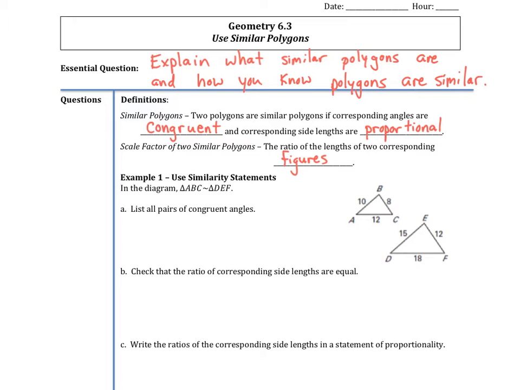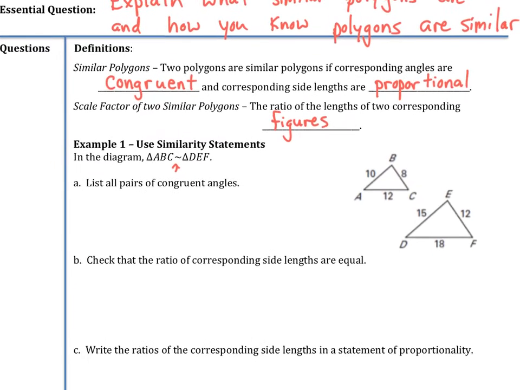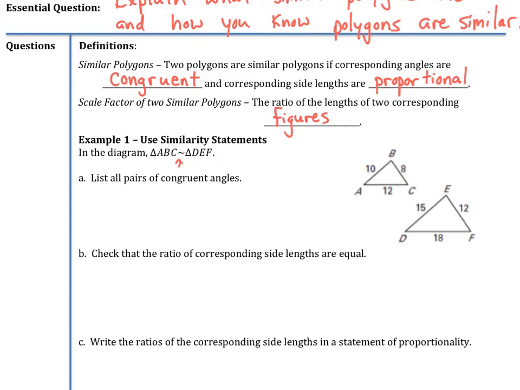So in the diagram, triangle ABC is similar to triangle DEF. This symbol right here in the middle means similar to. So we have to look at the order because order does matter.